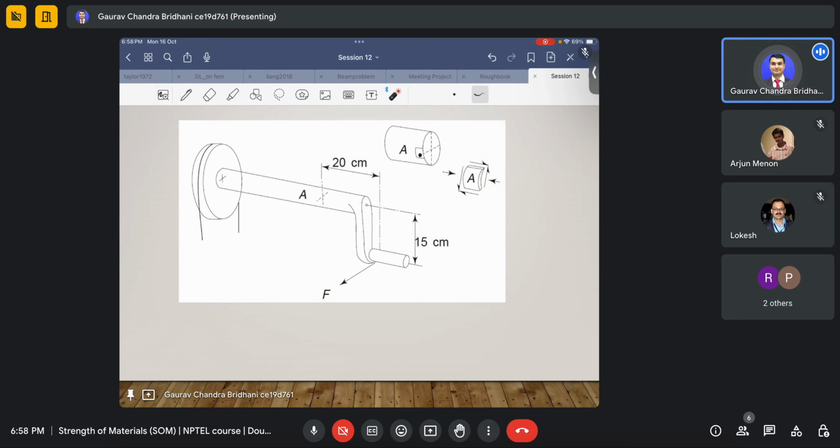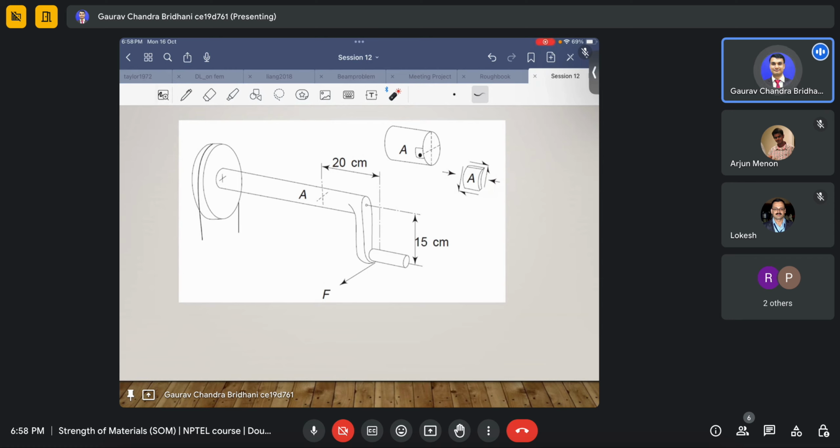So we need to find the principal stresses, because whatever theory we want to apply, be it the maximum principal stress theory, strain theory, shear stress theory, distortion energy theory, strain energy theory, or the octahedral shear stress theory, we always deal with what? We always deal with principal stresses. Why are we so interested in principal stresses?